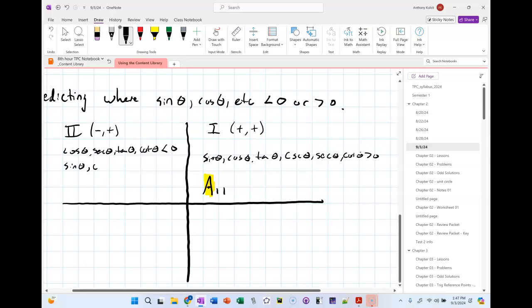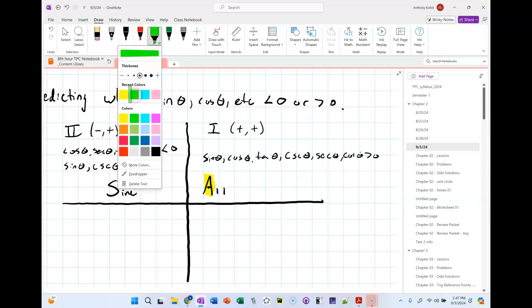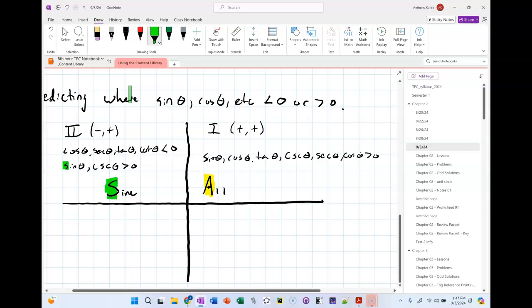And sine and its reciprocal are positive. So I'm going to put an S here for sine and its reciprocal being positive. I'm just going to track what's positive in each quadrant with a one-letter abbreviation. I know if a number is positive, then its reciprocal also has to be positive, because all I'm doing is writing 1 over the number, right?